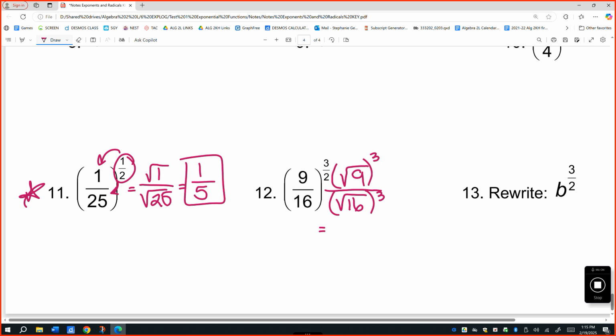I just have to think, what is easier for me to do in my brain if I don't have a calculator? I want to put it outside. So the square root of 9 is 3. So I'm going to have 3 to the third power. Over the square root of 16 is 4. So 4 to the third power. 3 to the third power is 27, and 4 to the third power is 64. Okay?